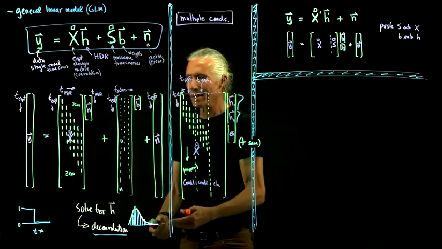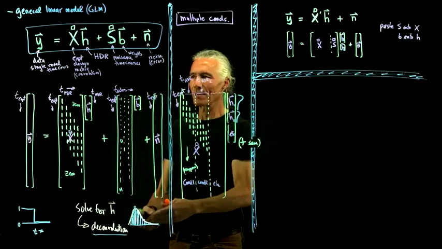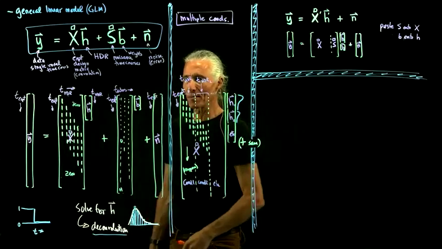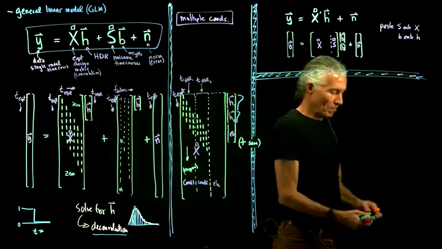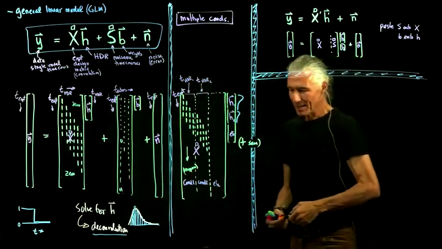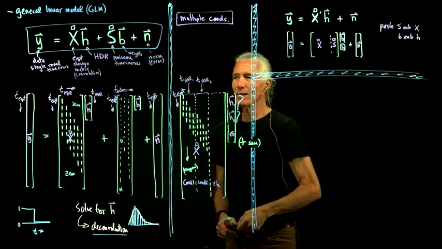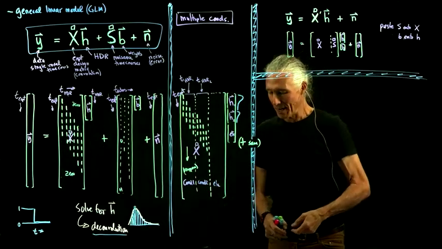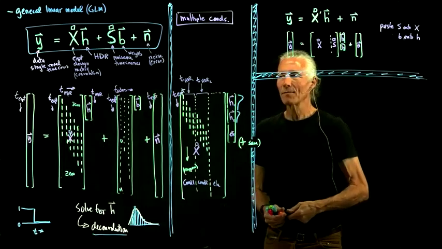So you've got a lot of data. It's possible to do this. We've got plenty of data to solve for those smaller number of numbers. But one thing you can do is, why don't we just assume that we know what the hemodynamic response function looks like, and just solve for the amplitude of it.